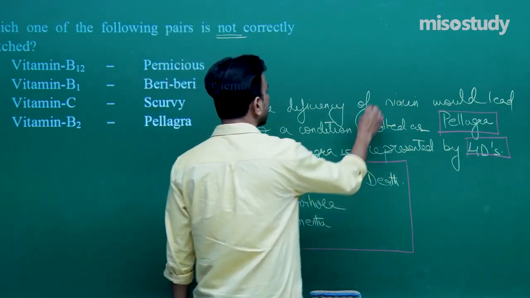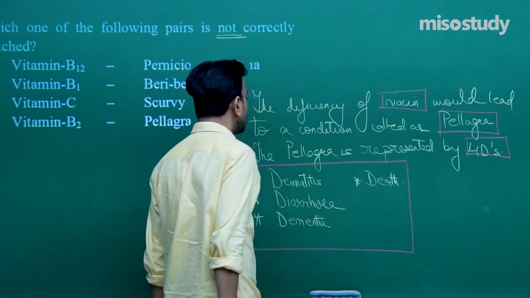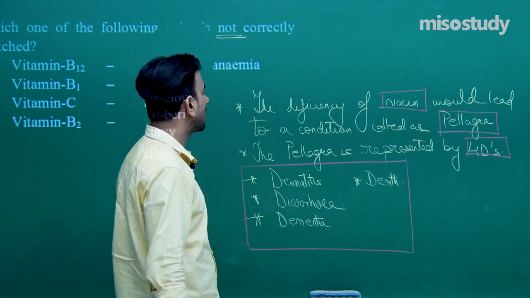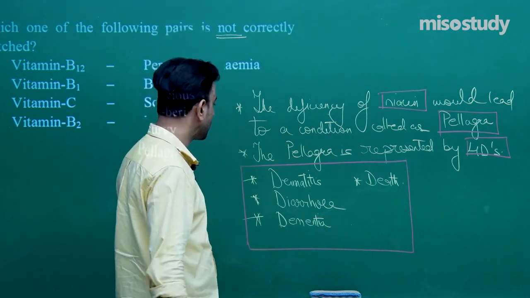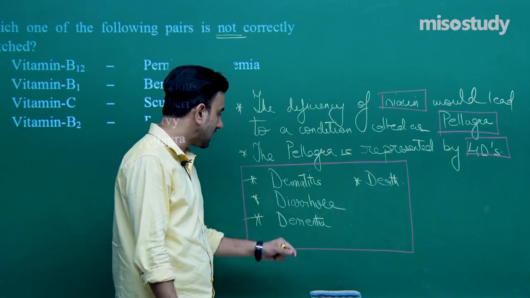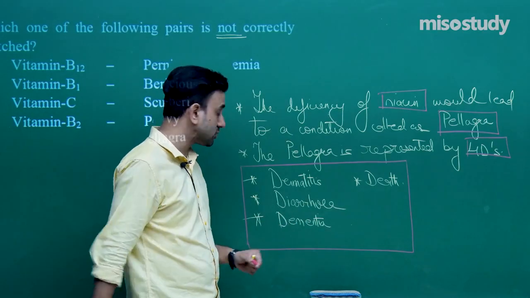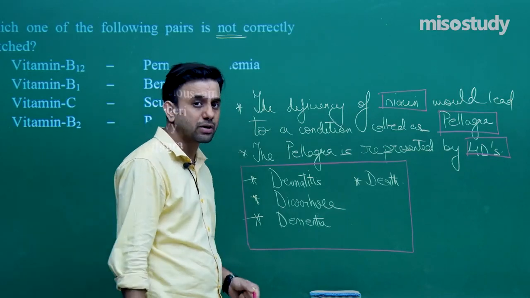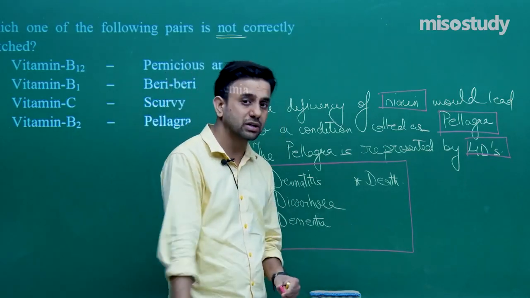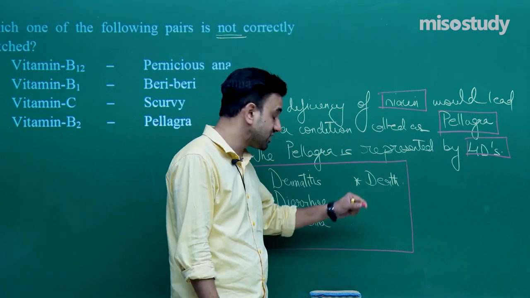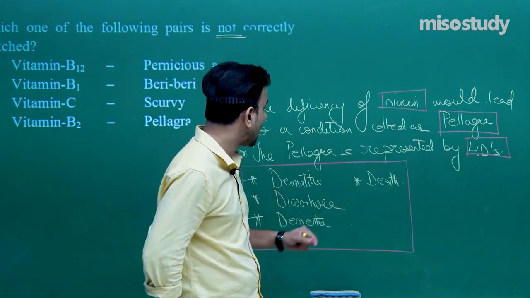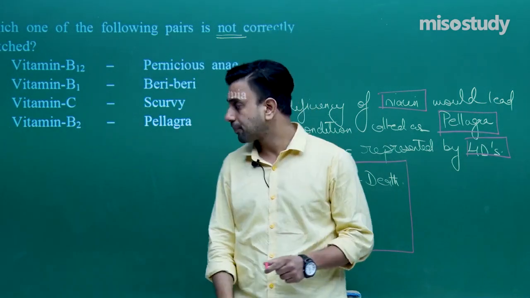So the deficiency of niacin would lead to a condition called pellagra, represented by 4 Ds: dermatitis, diarrhea, dementia, and death. Dermatitis is a disease and inflammation of the skin, diarrhea involves the GI tract and loose stools, dementia is a disorder of the nervous system, and finally it would result in death.